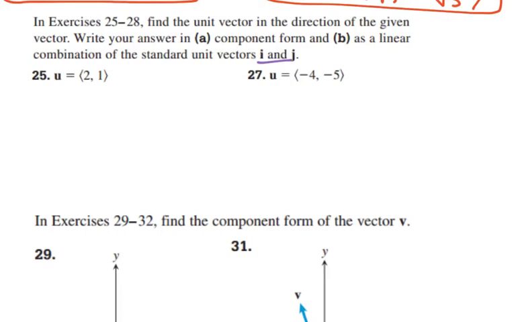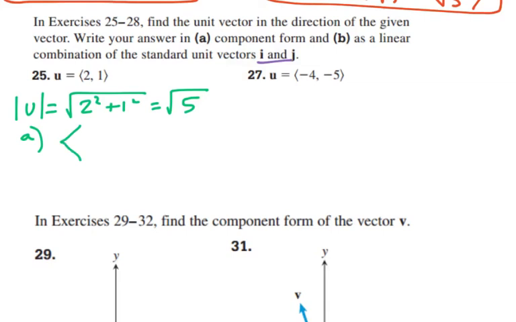So our unit vector is going to be the magnitude, which comes from the square root of 2 squared and 1 squared, so the square root of 5. Alright, so in part A, the component form of the unit vector is 2 over square root of 5, and then 1 over the square root of 5.